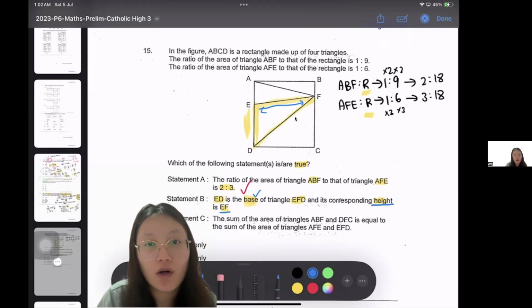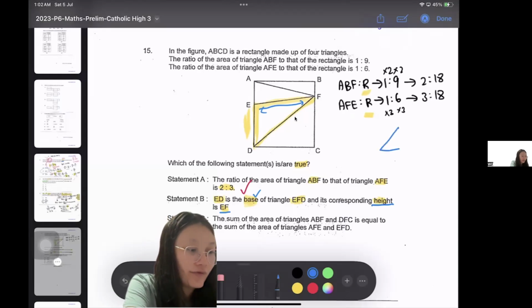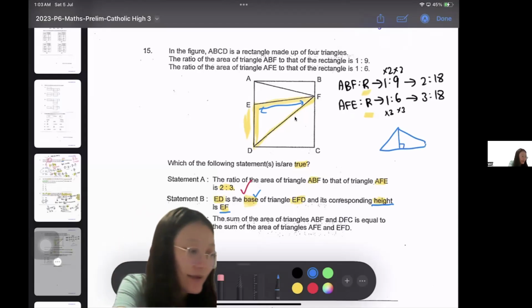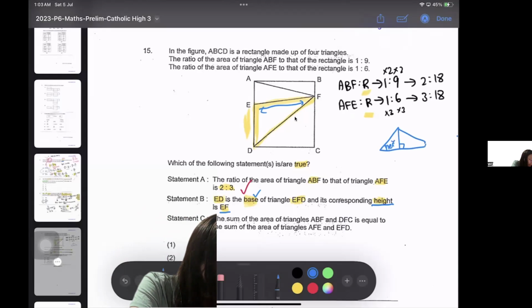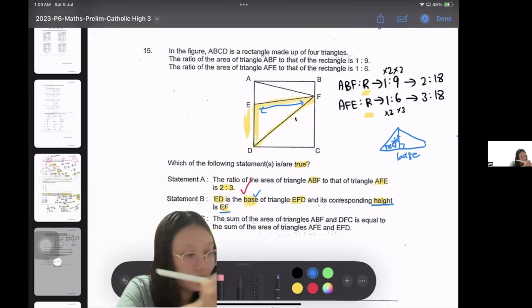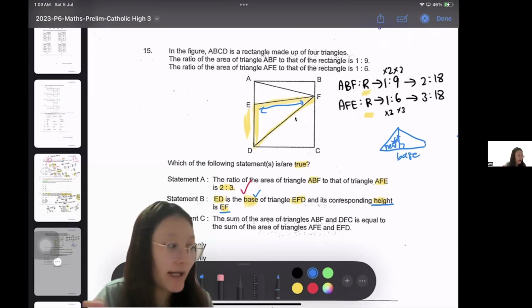The height of a triangle must always be at a right angle from the base. Okay, you see this that I just drew? The height must always be at a right angle from the base. But there is nothing to say that there is a right angle between the height and the base, okay?